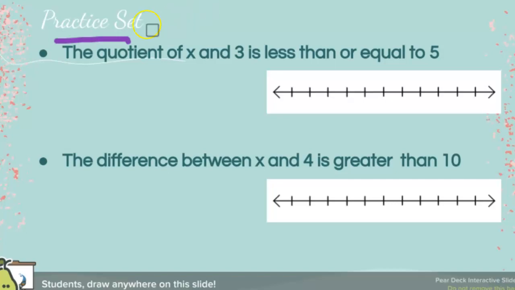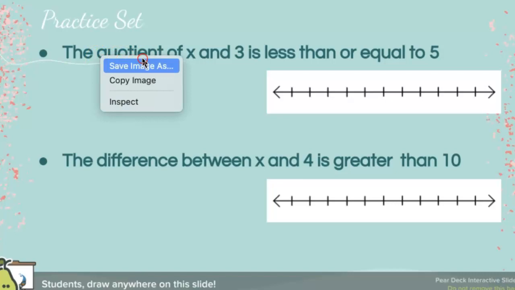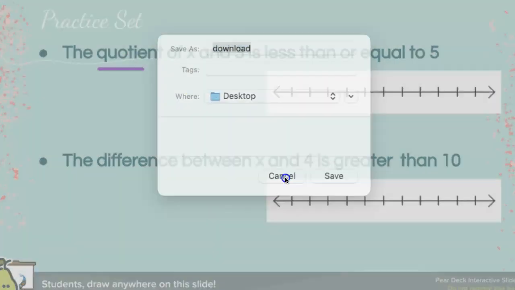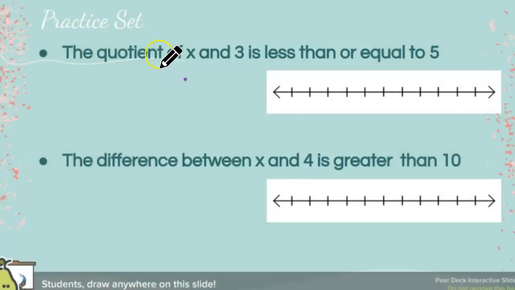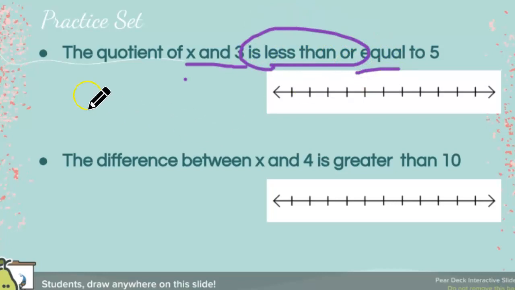So let's try this problem set. It says here that the quotient of x and 3 is less than or equal to 5. The quotient means a fraction. Since it's less than or equal to 5, we cannot just grab 5 in here.